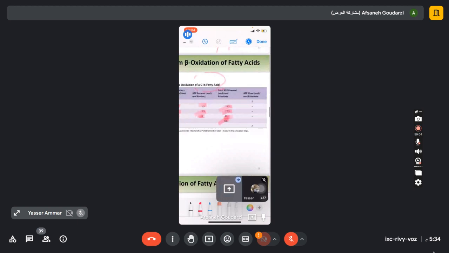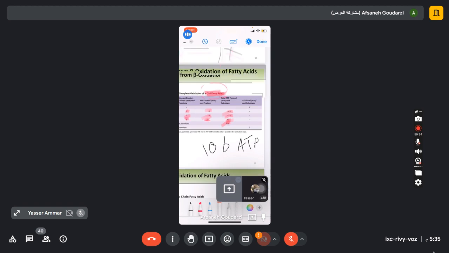Therefore, if I remove these 2 ATP from 108, I will reach 106. Therefore, if I oxidize a C16 fatty acid in beta oxidation, I will get 106 ATP. Did you understand how I calculated 106 ATP?